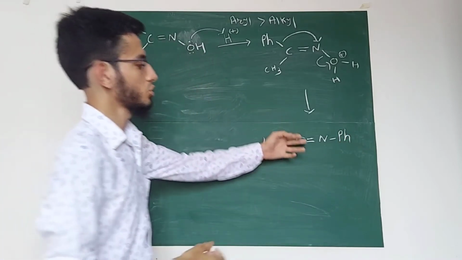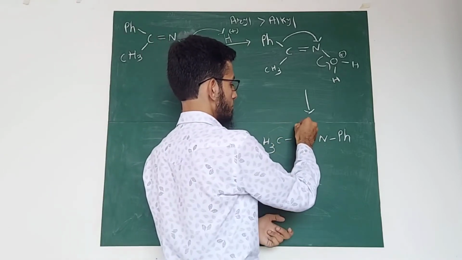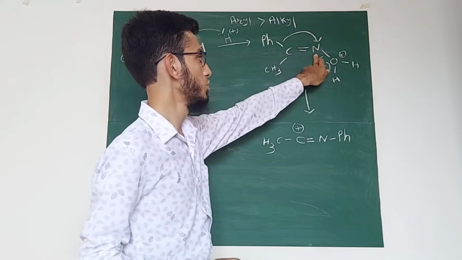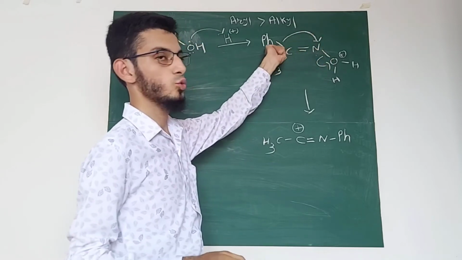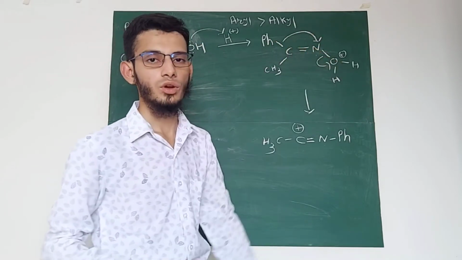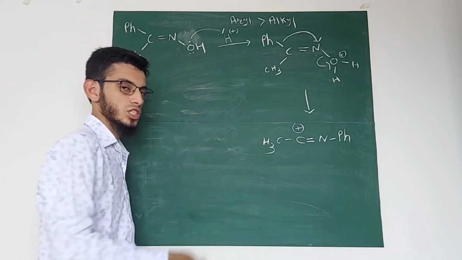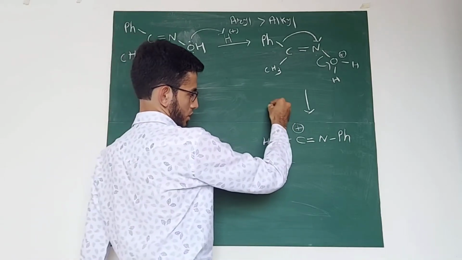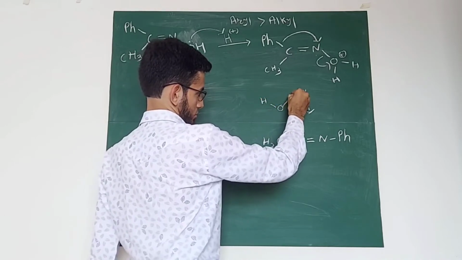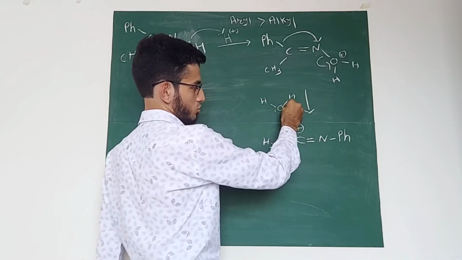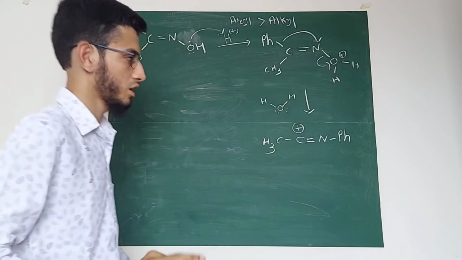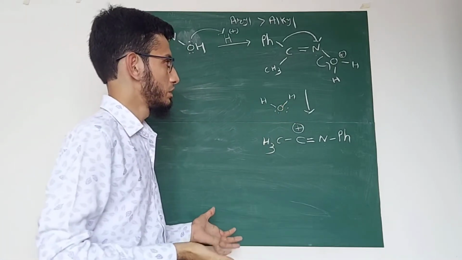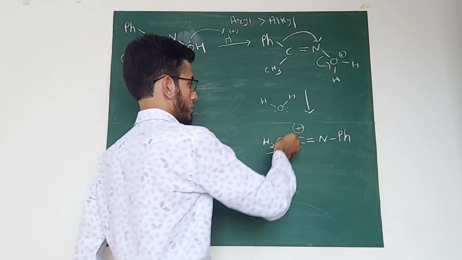The carbon will get a positive charge because this bond will totally migrate to the nitrogen, using the two electrons of that bond. So the carbon gets a positive charge, then work up with H2O. I am giving you the mechanism for some examples so you can understand easily, then I will use the short trick to get the product.